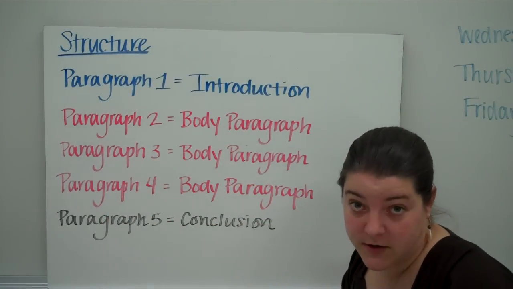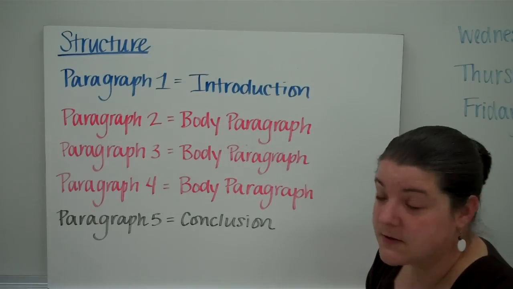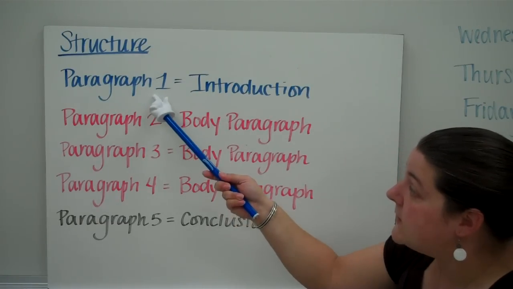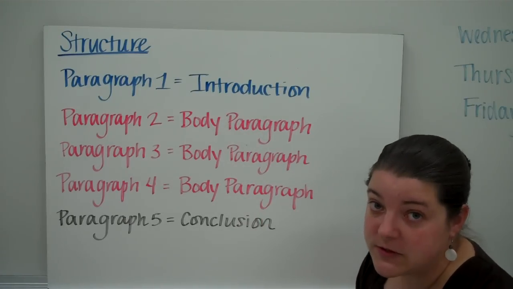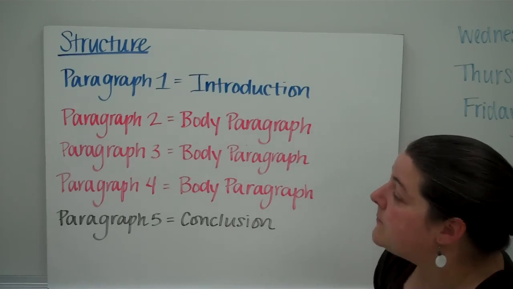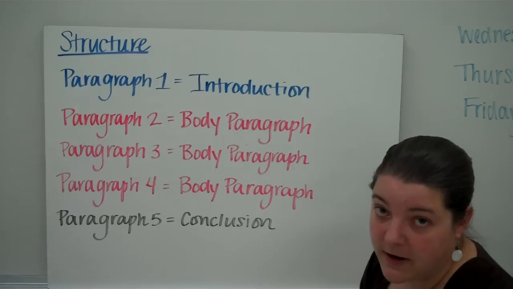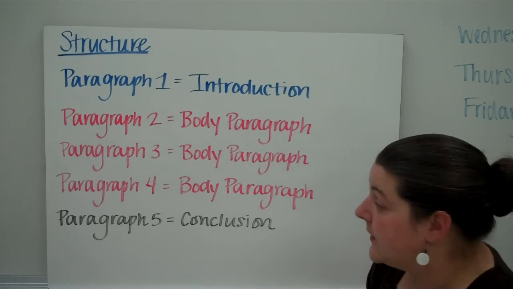So let's start talking about the structure. You'll notice that I've color-coded this for you. Paragraph 1 is going to be the introduction. That's important because you introduce your topic and your stance to your audience. Paragraph 2 is a body paragraph. That's part of where you will support your idea.